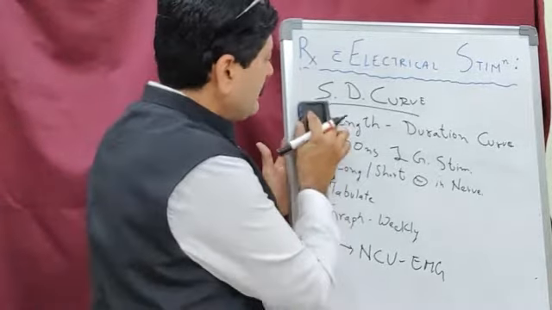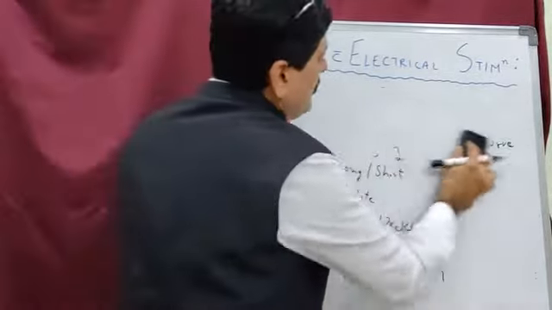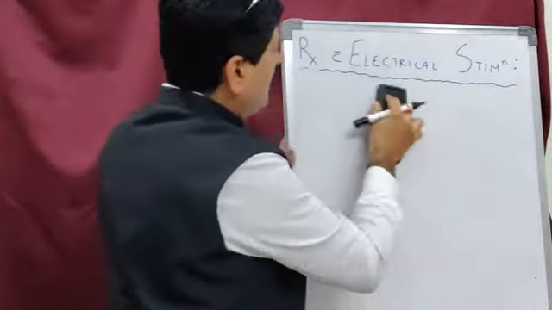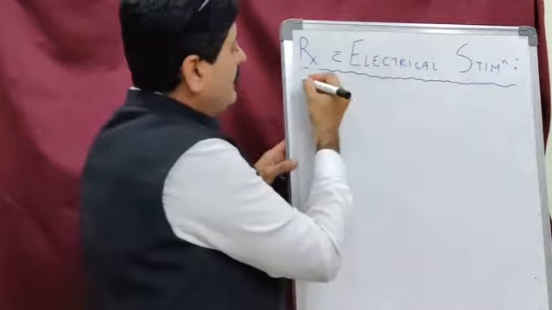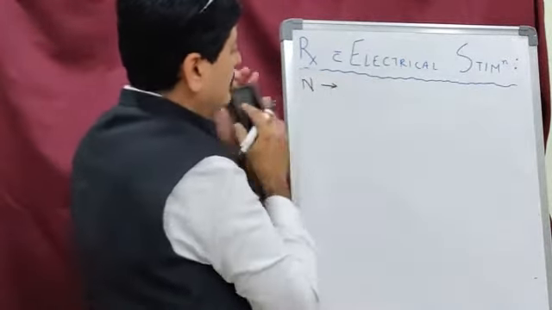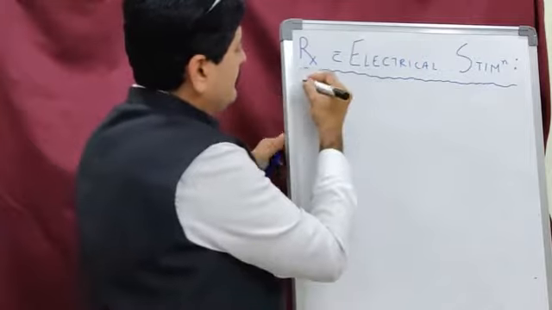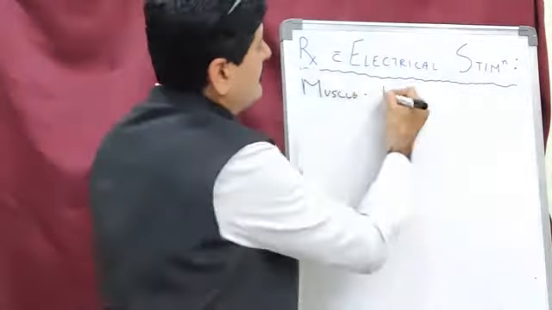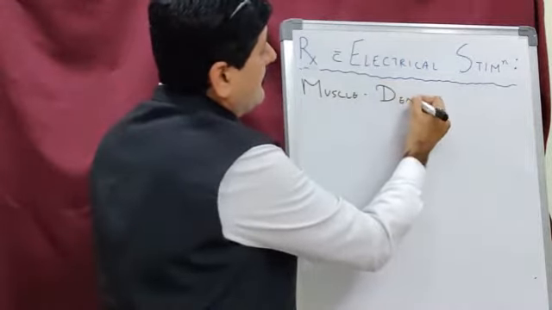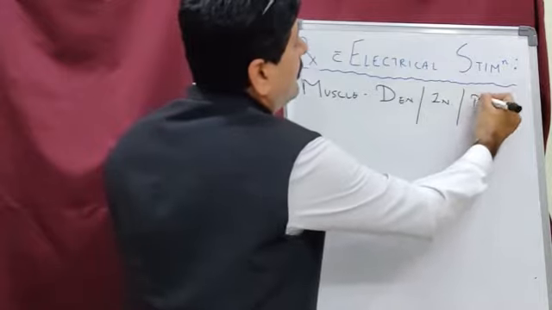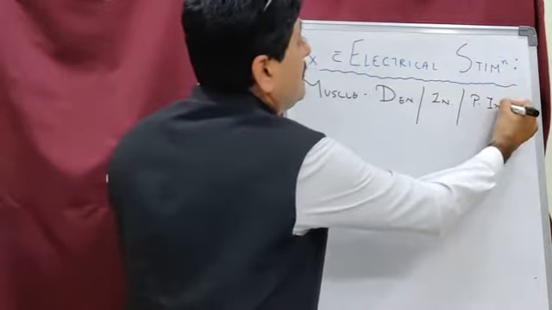Now, this was how we find out the amount. So with this we have known whether the nerve is denervated, innervated or partially innervated.